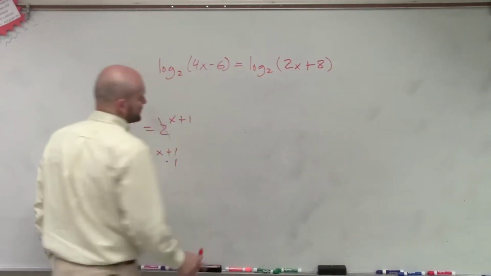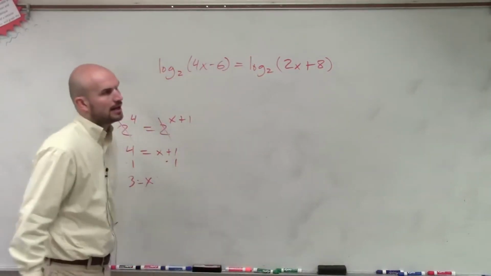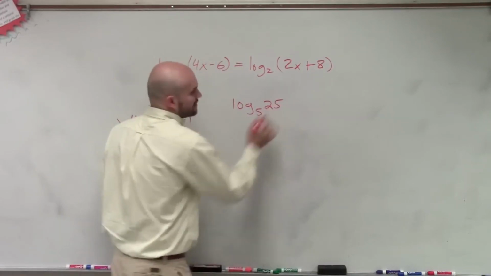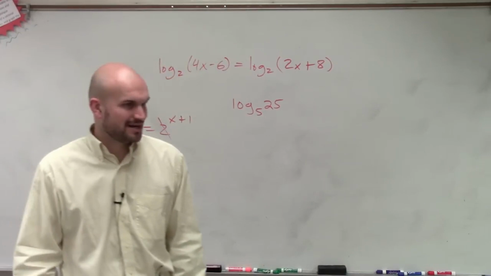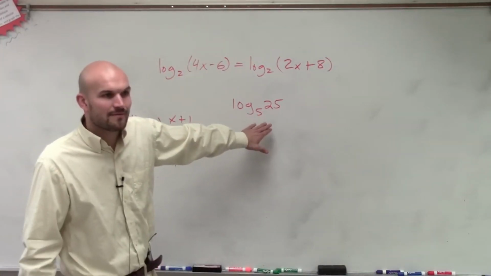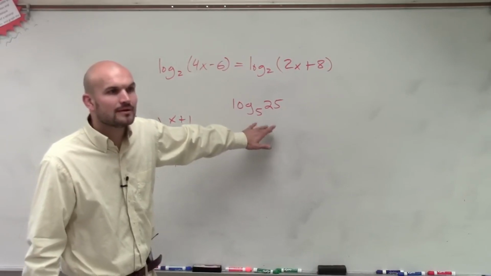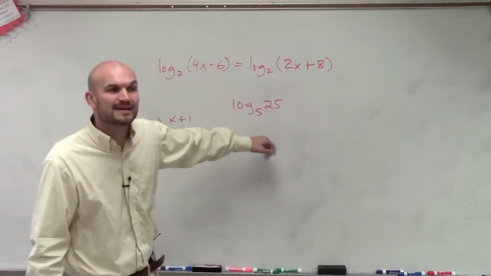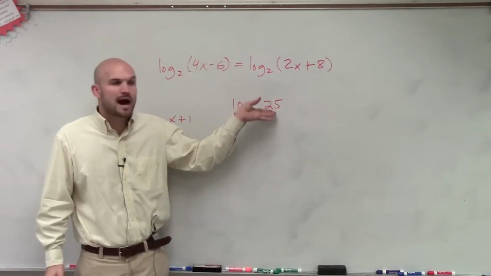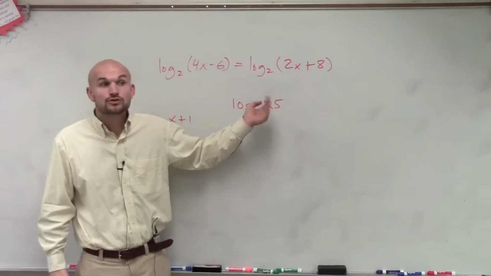Let me just go through this. We know that log base 5 of 25, do you know what this answer is? Let's see what the logarithm says. Log base 5 of 25 says 5 raised to what power equals 25? 2, right?